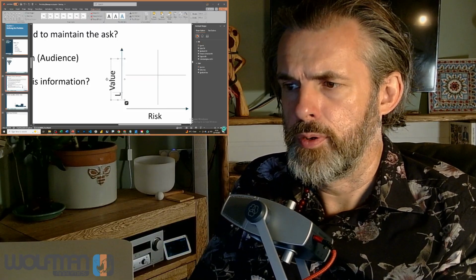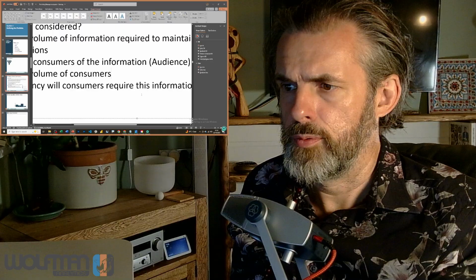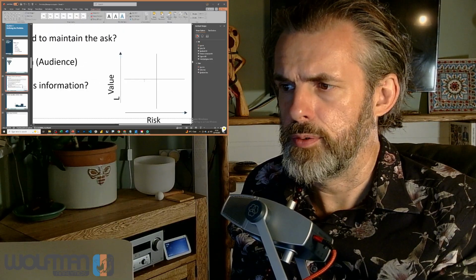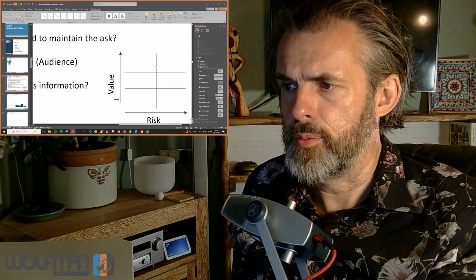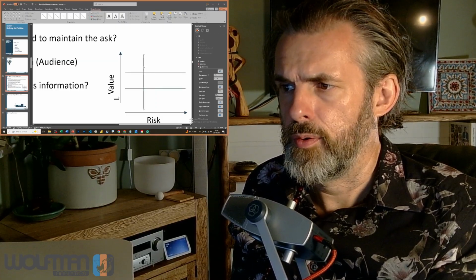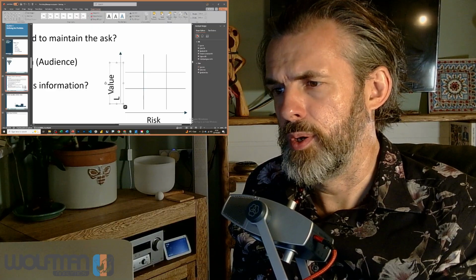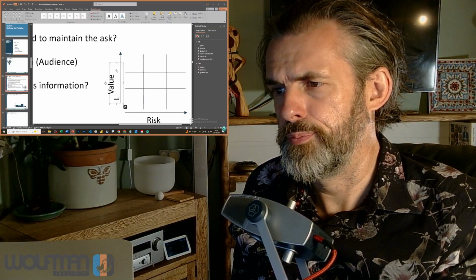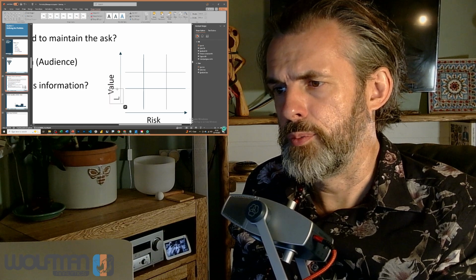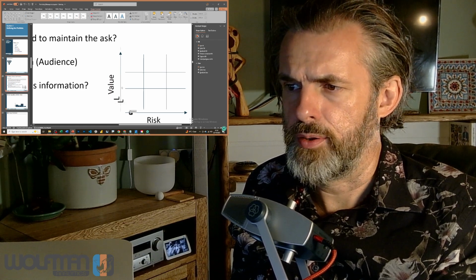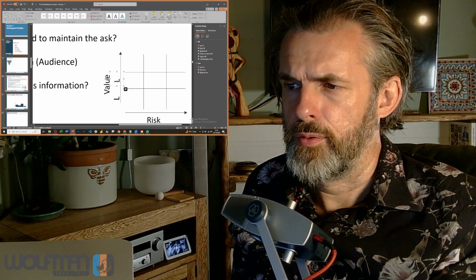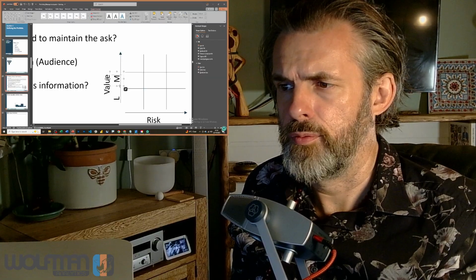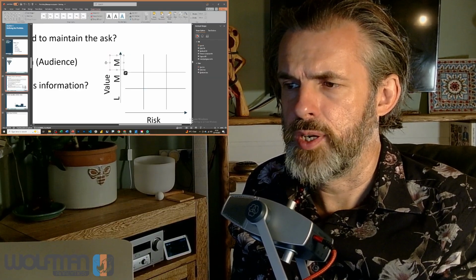So if we've got low, actually, we could have low, medium, high. Low, medium, high. So what I'm doing is just putting together a rough template for a prioritization matrix.